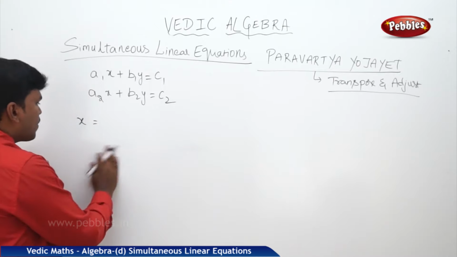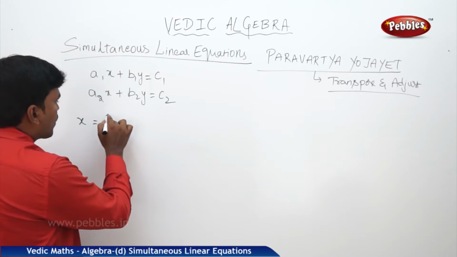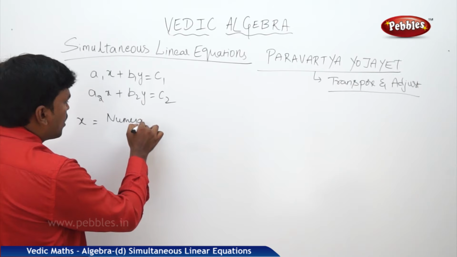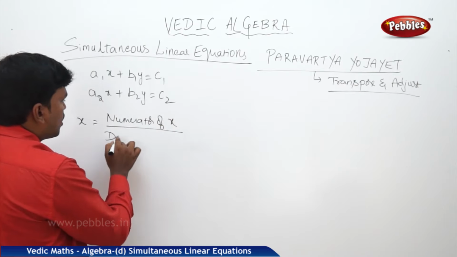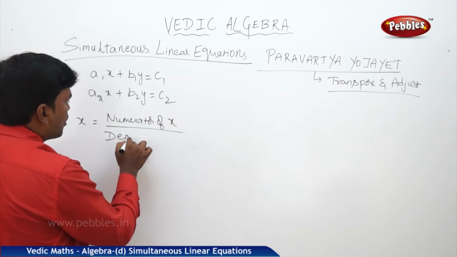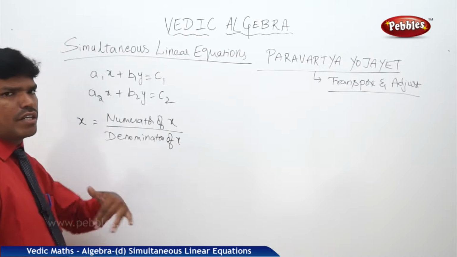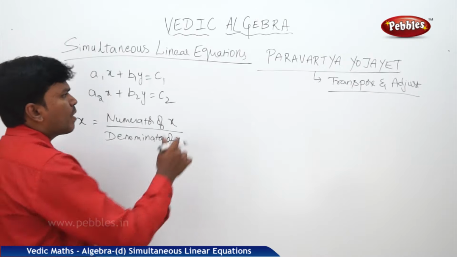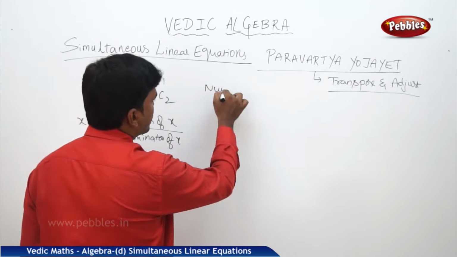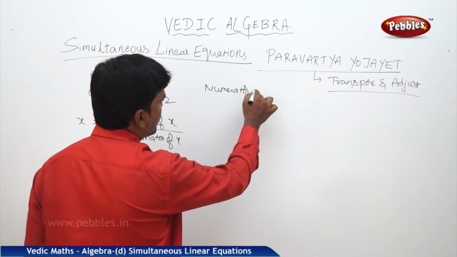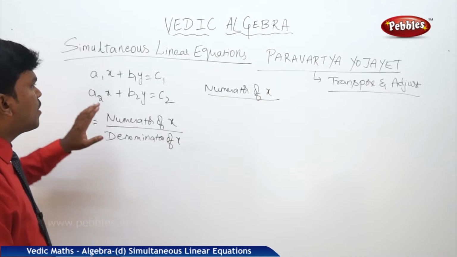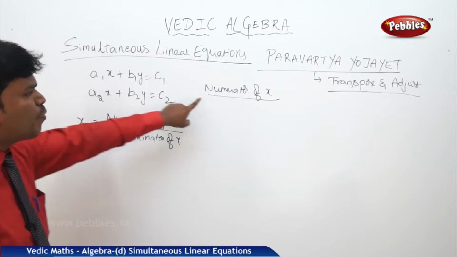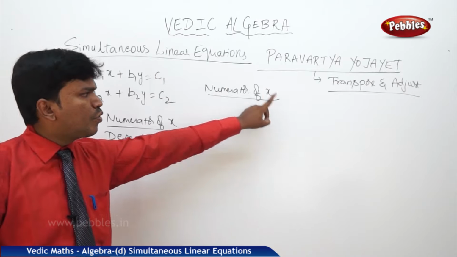Now the x value we can get as numerator of x by denominator of x. I am just dividing the answer into numerator and denominator. So first, how do we get the numerator of x?